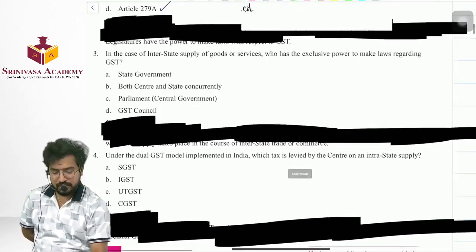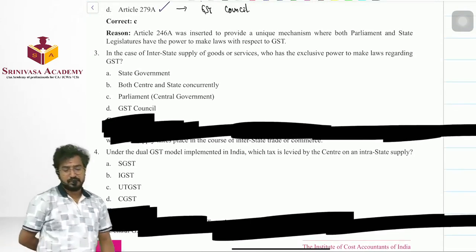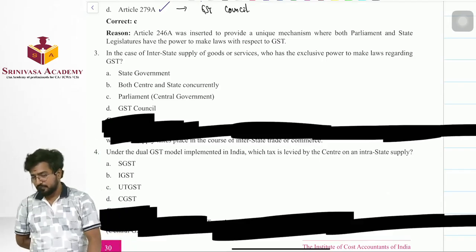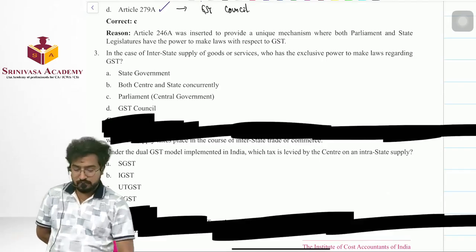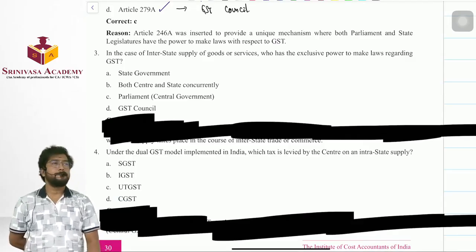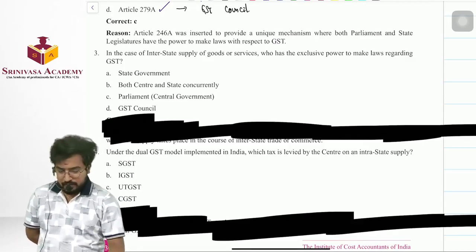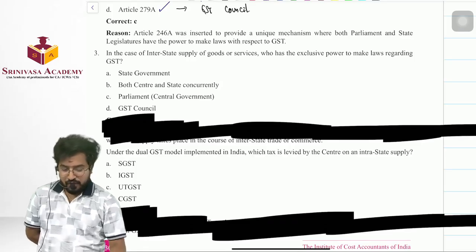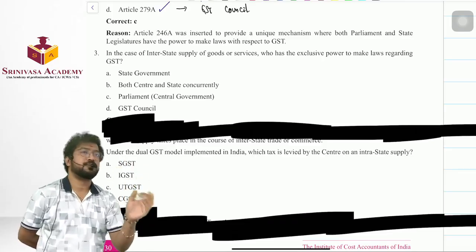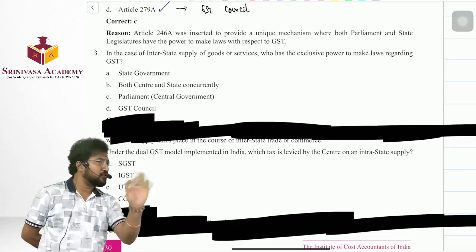246A. Next: in case of interstate supply of goods or services, who has the exclusive power to make laws regarding GST? GST Council will not make law.